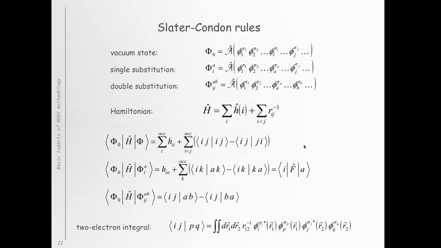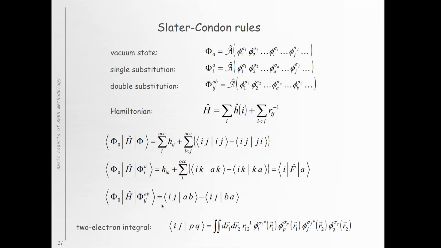So that's why, provided that the Phi naught here is a Hartree-Fock wave function, there are no terms corresponding to coupling with single excitations from the Hartree-Fock wave function. And for double excitations, we have another simple expression which involves two-electron integrals.